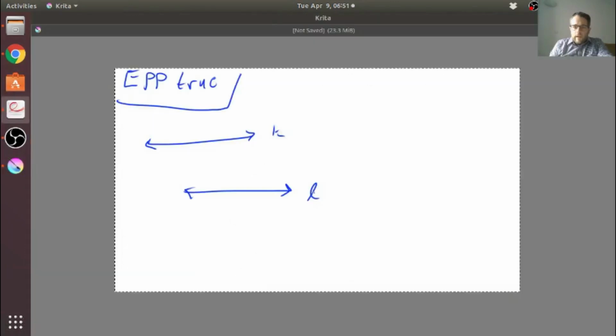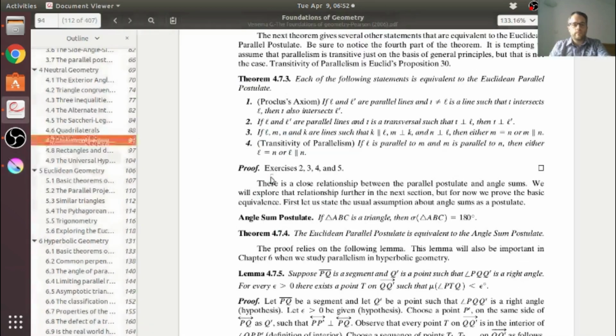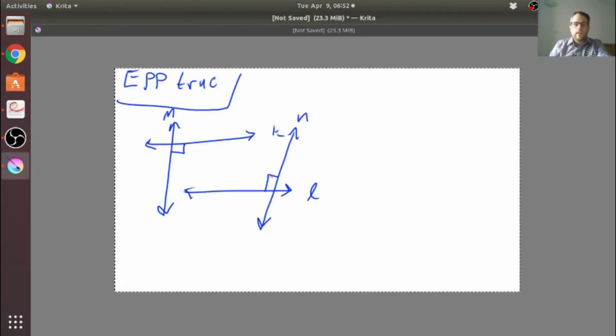I have M perpendicular to K, and I have N, which is perpendicular to L. Then either M is equal to N. If M is equal to N, we're good. We're done. Fine. That's one of the things we want to show.